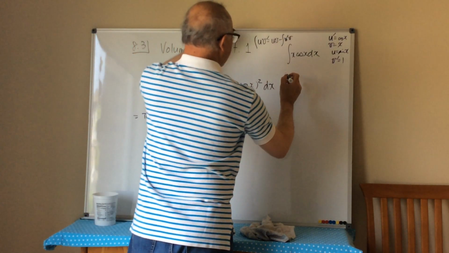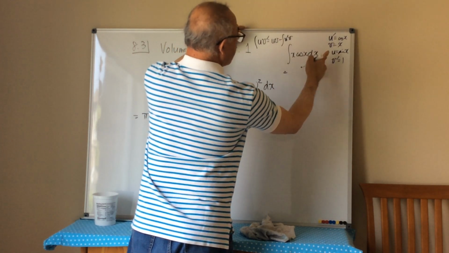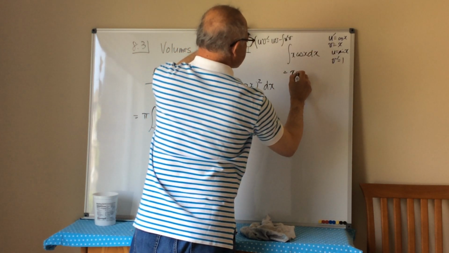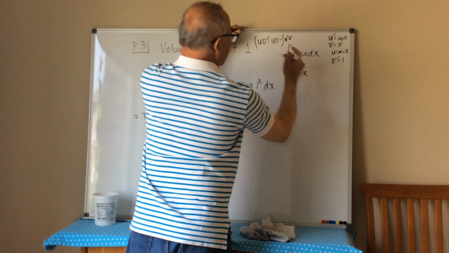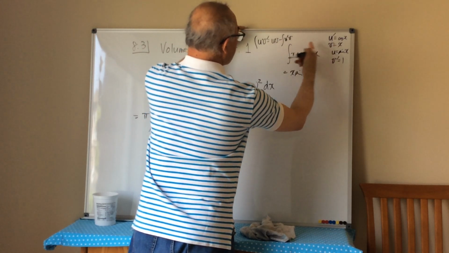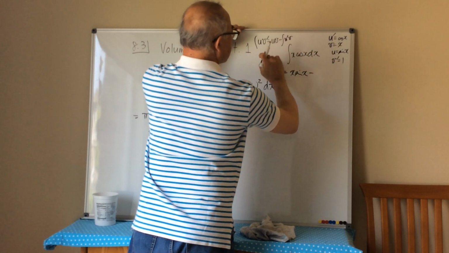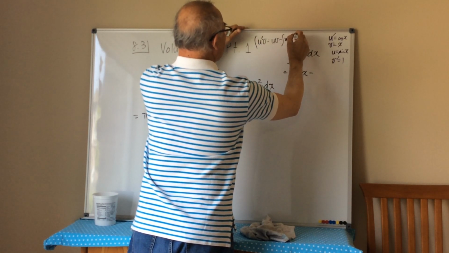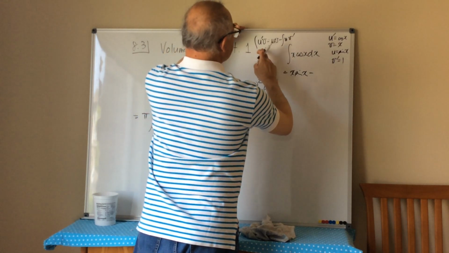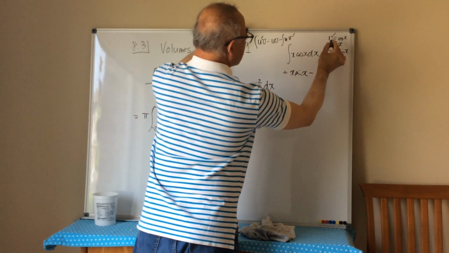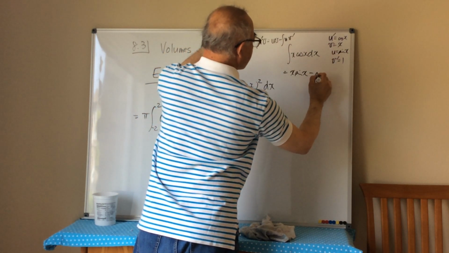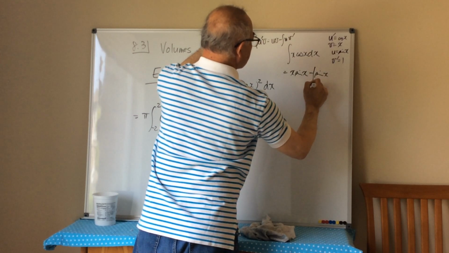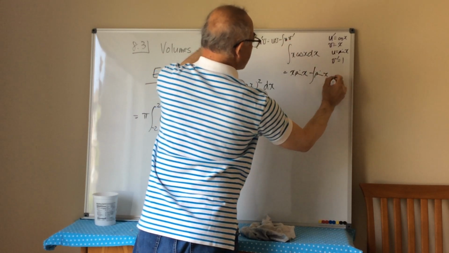I'm going to have uv, so that's x sine x, minus u, which is sine x, times v prime, which is 1.